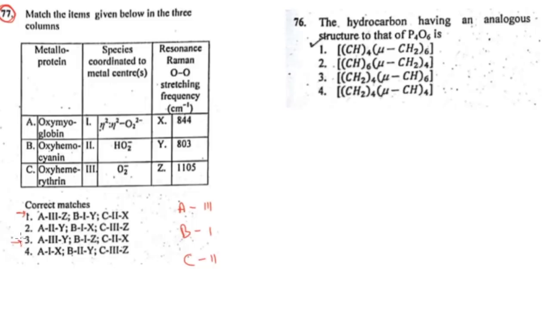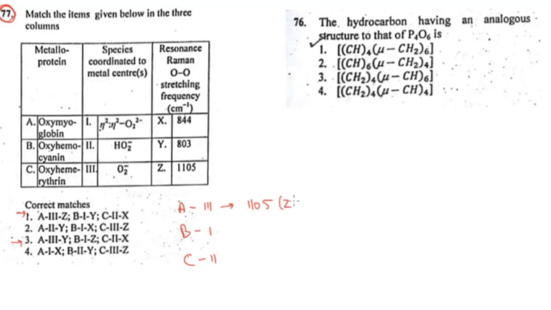Now you also have to tell about the frequencies. If oxygen is in O2 minus, the bond strength between the oxygens will be more, because oxygen is in double bonded form. So for the first one, it will have a higher stretching frequency, around 1105.